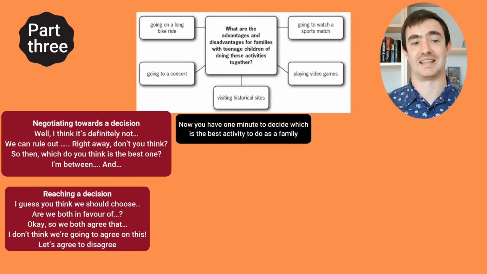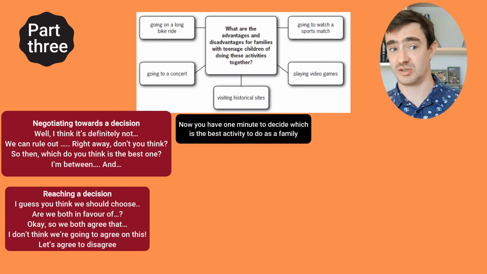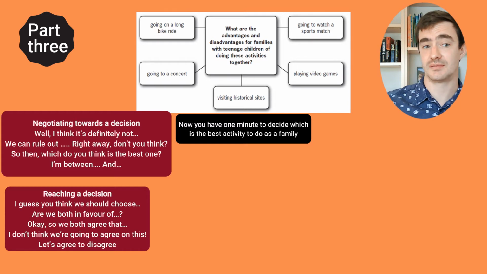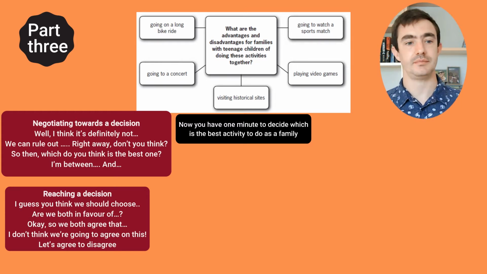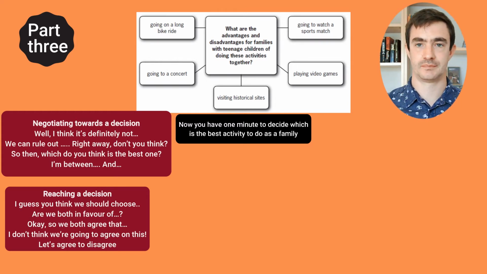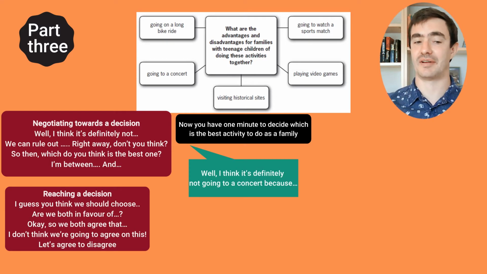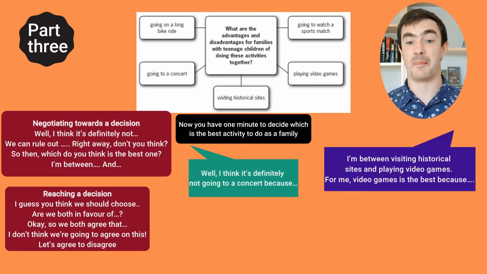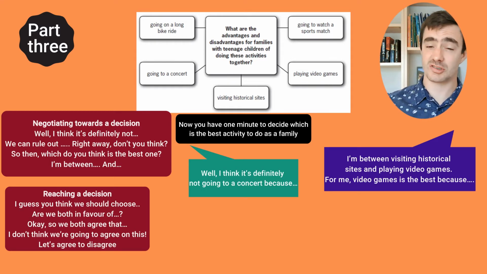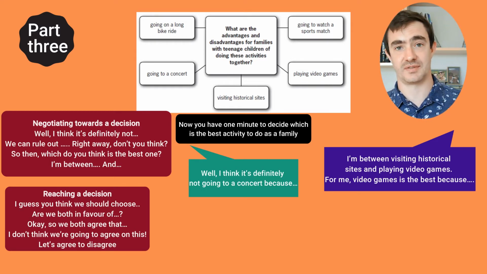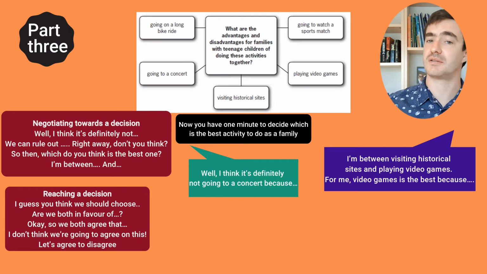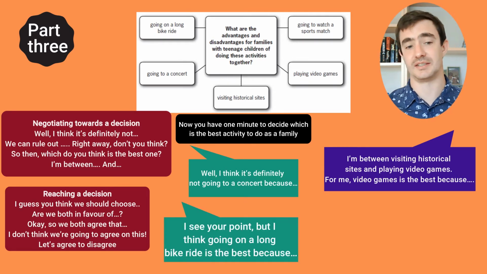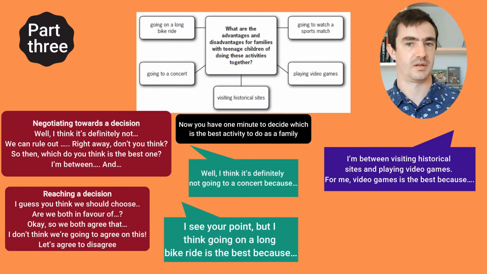Maybe, well, I think it's definitely not, we can eliminate, I'm between. For example, well, I think it's definitely not going to a concert because I'm between visiting historical sites and playing video games. For me, video games is the best because, I see your point, but I think.